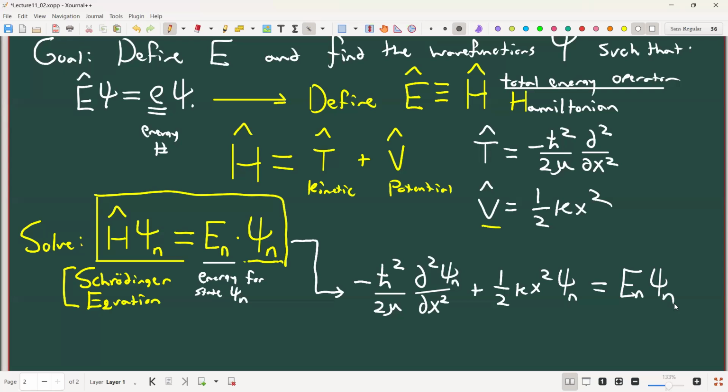All right, so what I want to do is rearrange this equation, because it's not really easy to see what the structure of this is here.